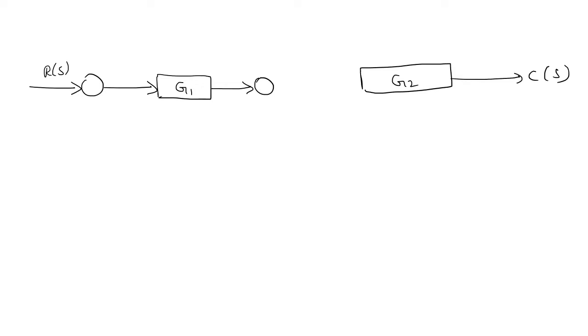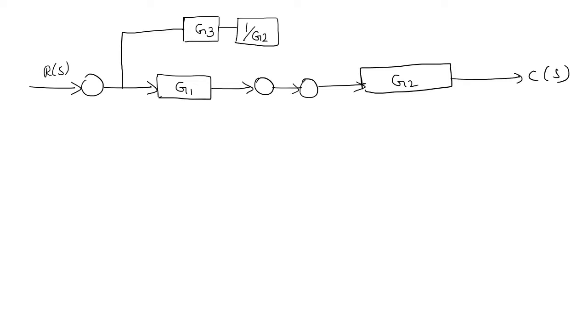Now we have shifted summing point 3 to the left of block G2. So our summing point has come here, to the left of G2. In that case we have to add a block equal to 1/G2. We had G3 already, so we add one more block equal to 1/G2. This is the modification done in our block diagram, and the rest will be retained the same.